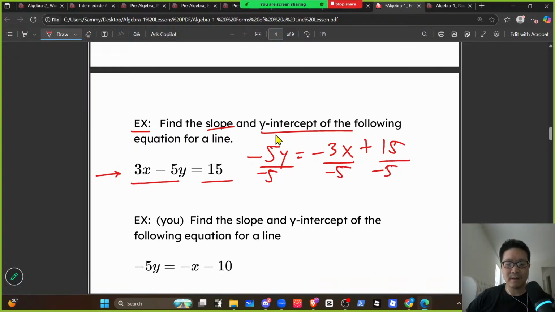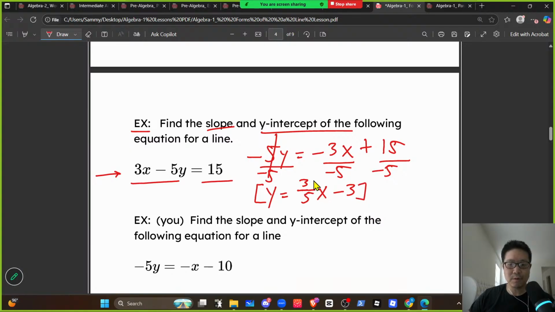And when I do that, I end up with y equals negative 3 divided by negative 5 is 3/5. The negative divided by negative is a positive, so 3/5x. And then positive 15 divided by negative 5 is negative 3. So here is our slope-intercept form.